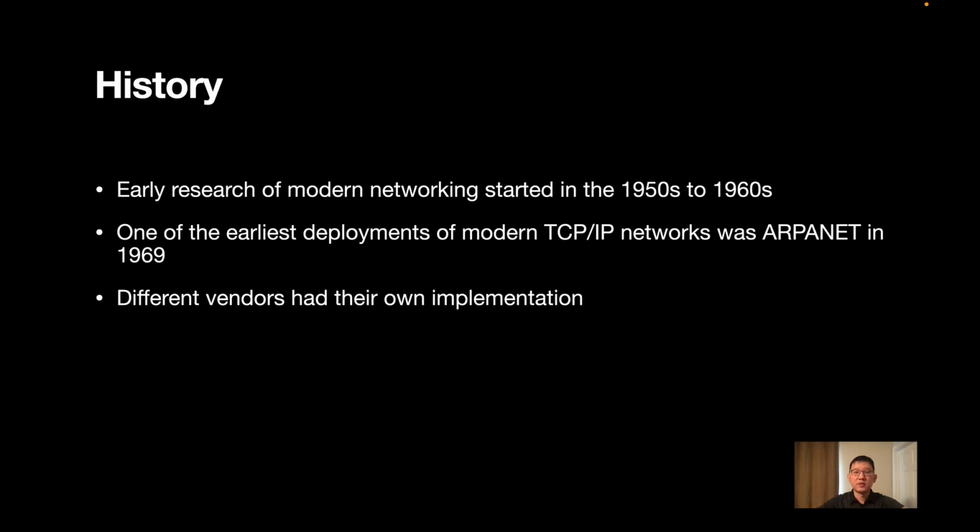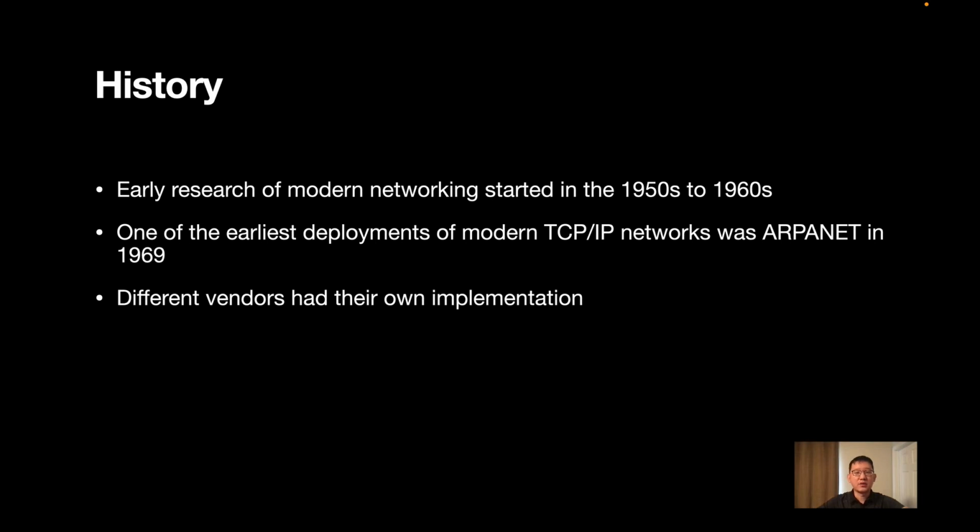Just to give you a little bit of history, early research into modern networking started in the 1950s to 1960s. And before that, a lot of networking was done through phone lines. Now, one of the earliest deployments of modern networks is called the ARPANET, and that was done in 1969.